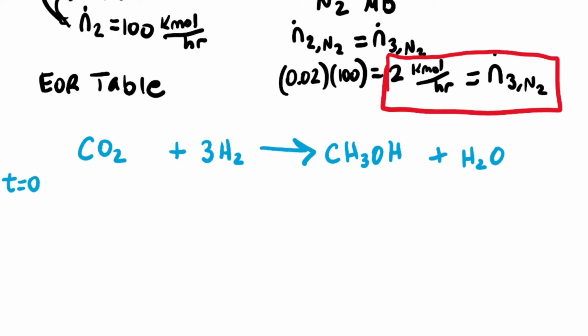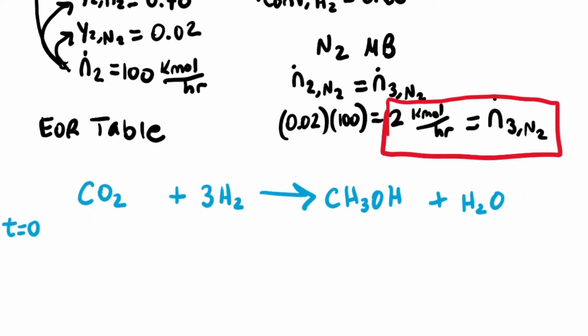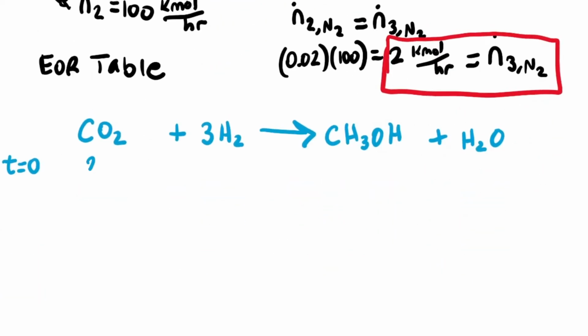At T equals 0, if we take 0.28 and multiply it by 100, N2 CO2 is 28. We do the same thing for hydrogen, and we're going to get 70 to start. So for CO2, we have 28. For hydrogen, we've got 70 moles. We do not have any methanol, and we do not have any water to start.